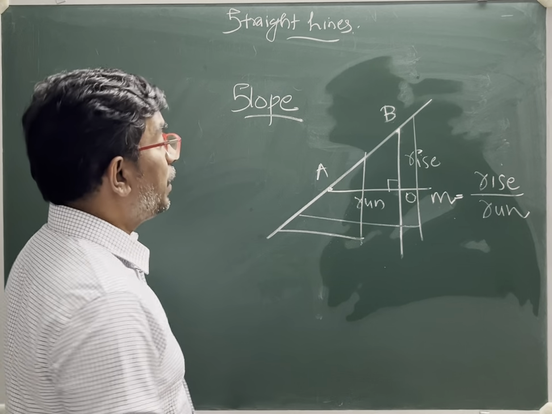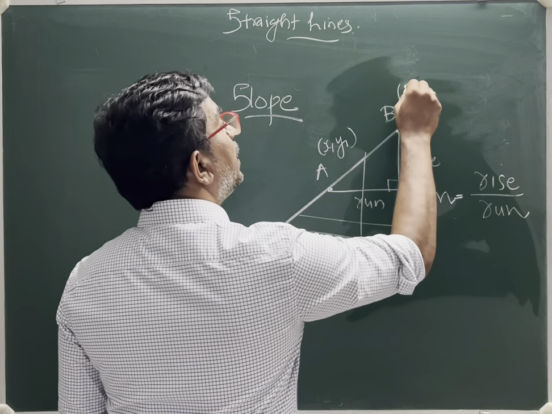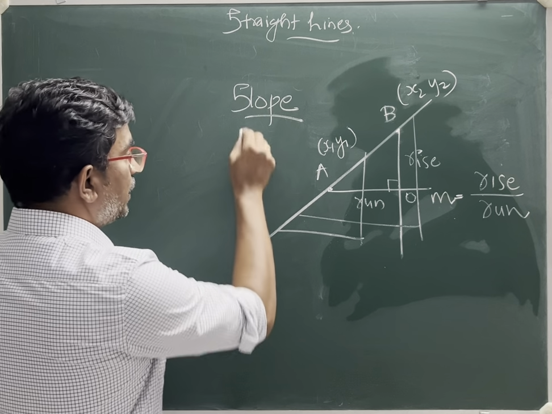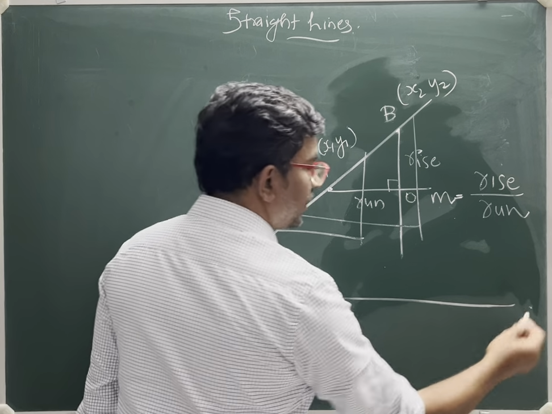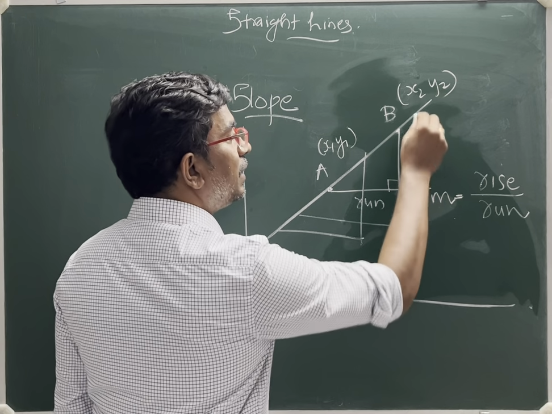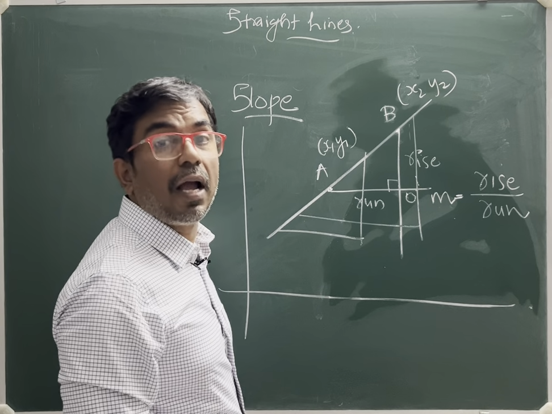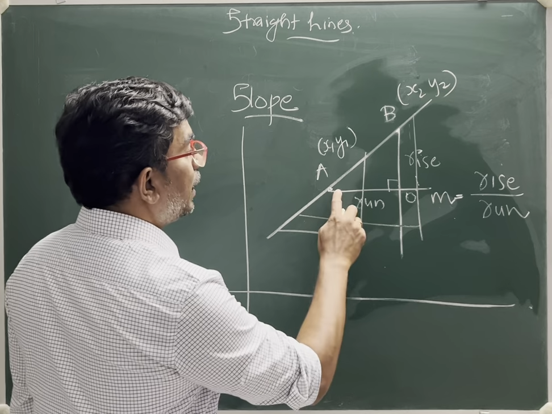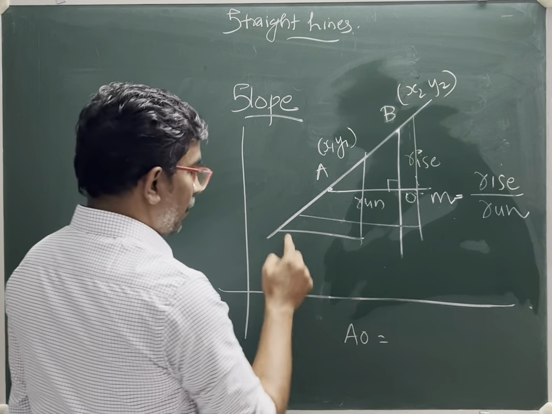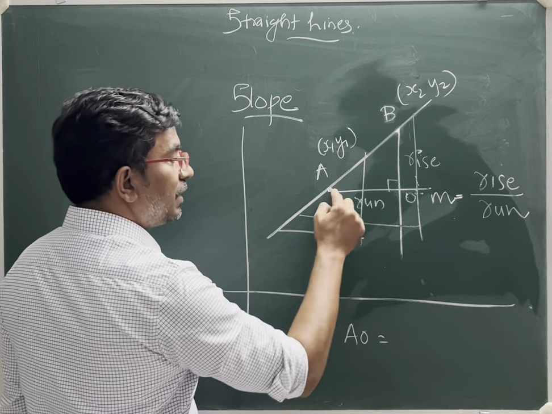If I know this point A as (x1, y1) and this point B as (x2, y2), then with respect to the x-axis and y-axis, this run and this rise can be calculated. What will AO be? From the origin, this much distance is x2, and from the origin this distance is x1.